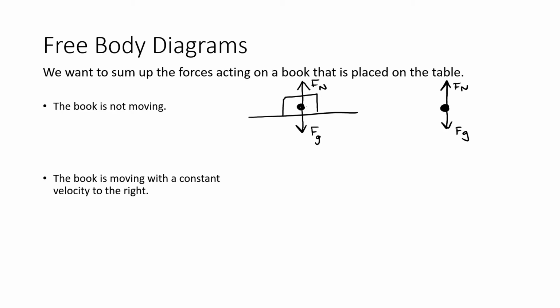But the table is stopping it from, blowing up this room. So it's a force down. Table's giving a force up. But what if it's also moving with that constant velocity? Let's say to the right. So we've already decided gravity's forcing it down. The normal force is holding it up.